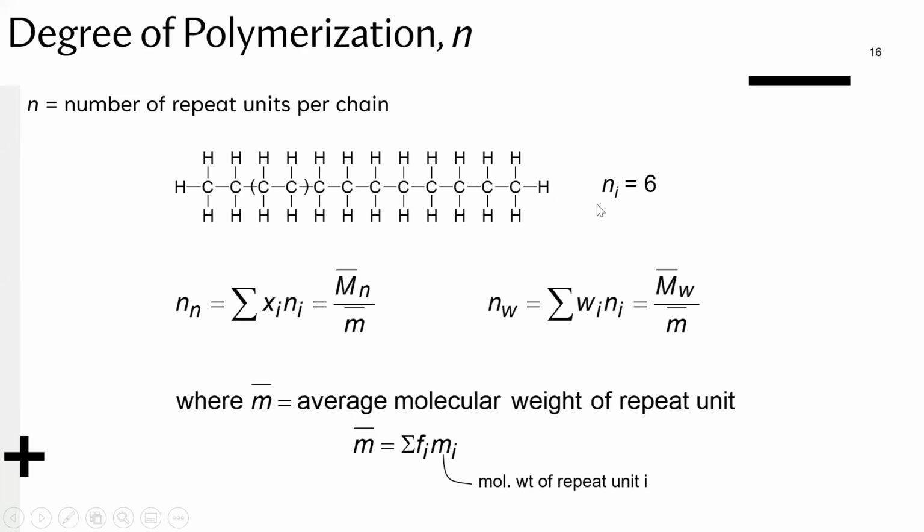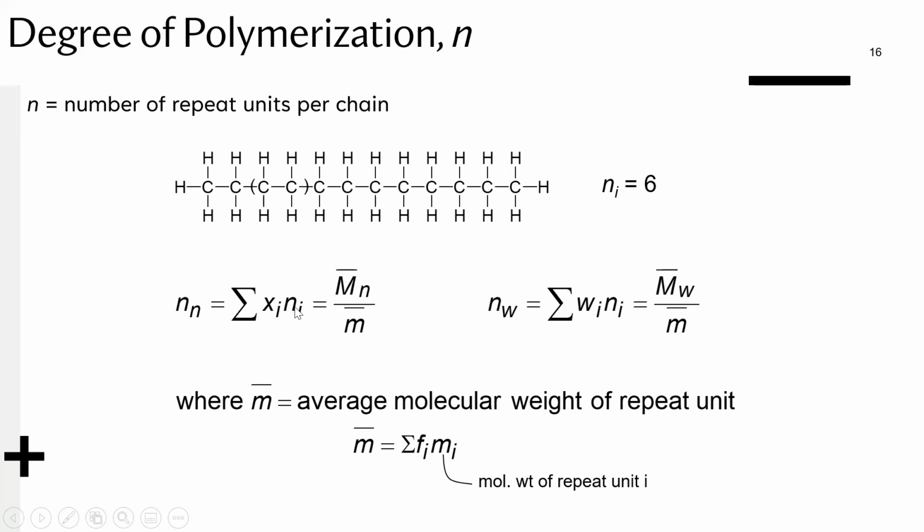So it's interesting, similar to molecular weight, you can find a number average degree of polymerization, and you can have a weight average degree of polymerization. So again, to use each of these, you have to find the number fraction or the weight fraction of each molecule.